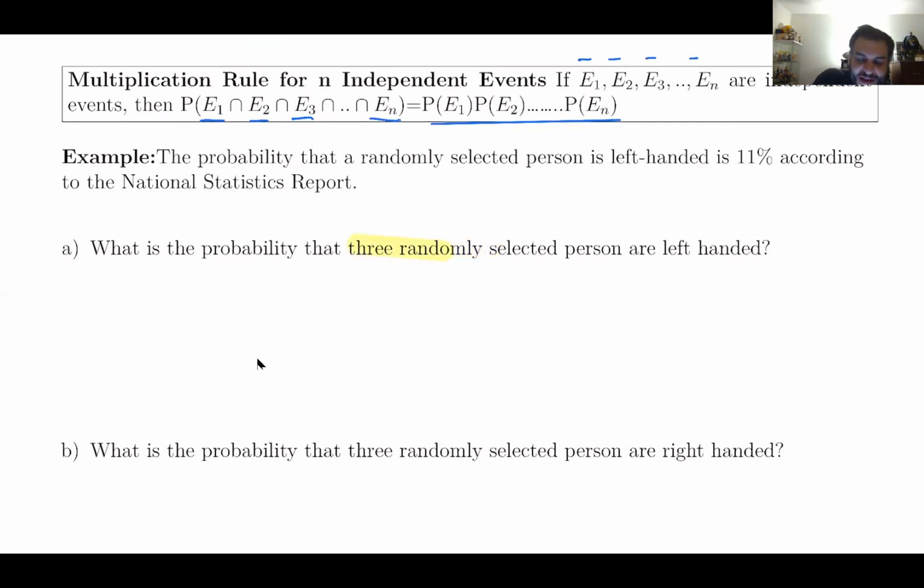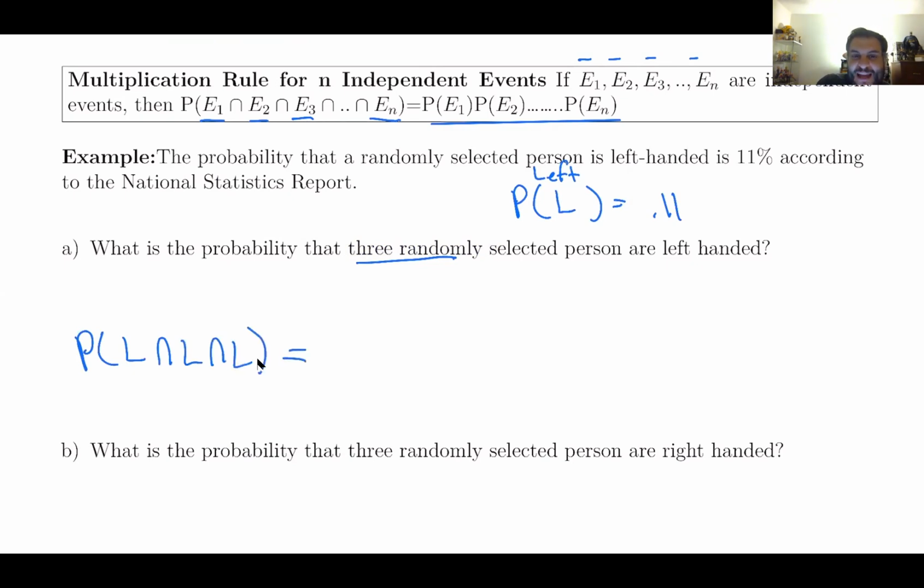All right, so for this one, you have to make it a little bit easier to write. I'm going to say probability of L, where L stands for left-handed, is equal to 0.11. So instead of writing left, I'm going to put L. For this one, we want the first person to be left-handed, the second person to be left-handed, and lastly the third person to be left-handed.